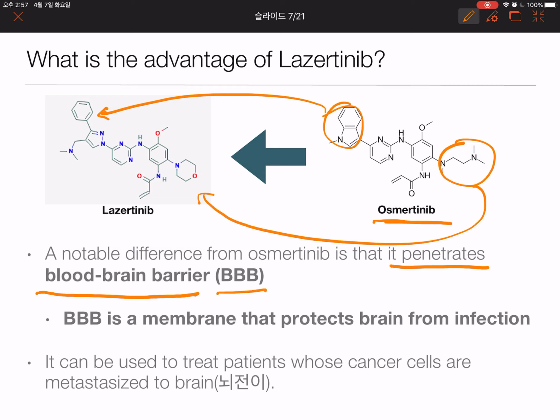Our brain is surrounded with a barrier, a membrane, and this blood-brain barrier protects the brain from infection, from viruses and some other toxic chemicals, so it's very hard to penetrate.